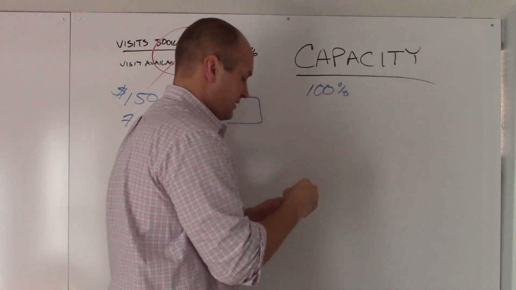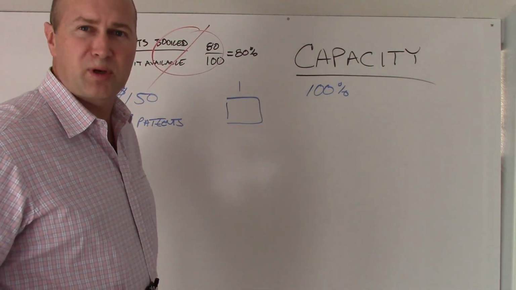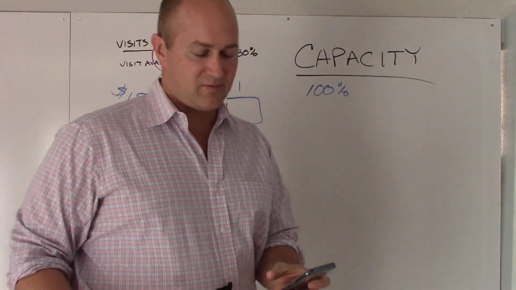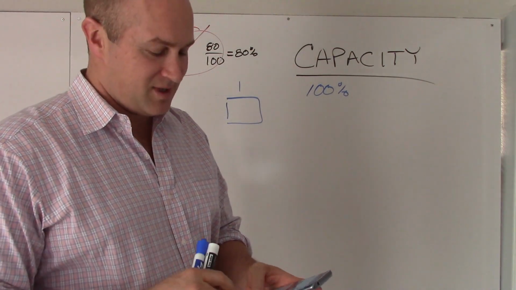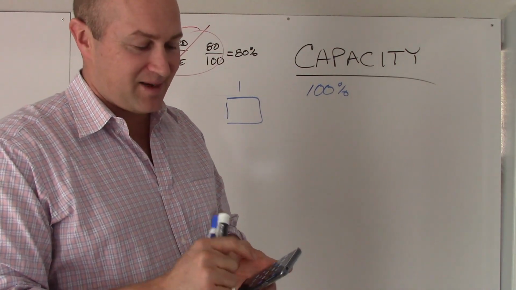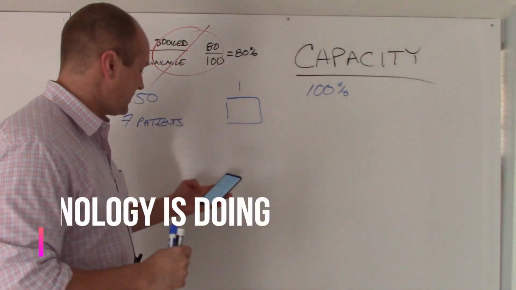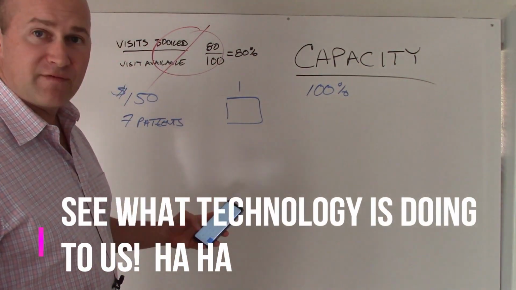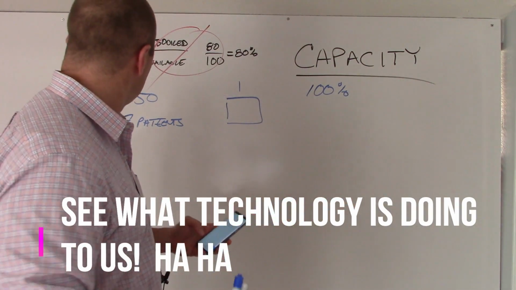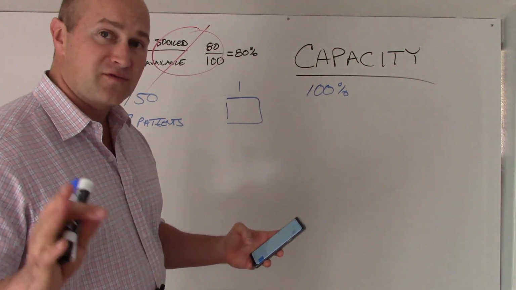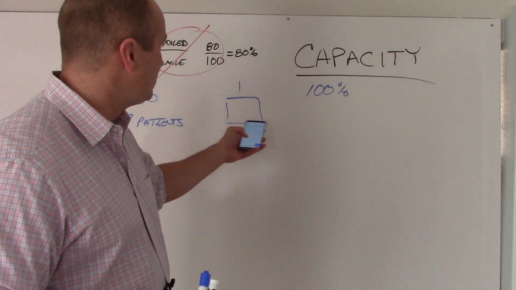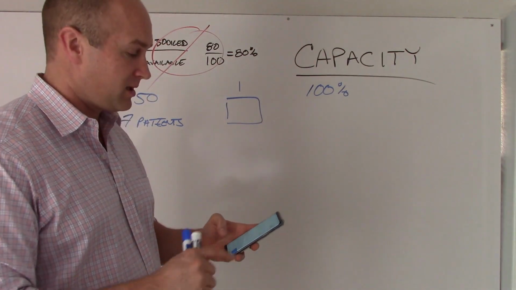You have to calculate that, and we'll just use per month. I'm so bad with math that I still rely on a calculator. In 1 day, average revenue per patient is $150. If 7 patients a day is full capacity in 1 room, what is 100% capacity in 1 month?